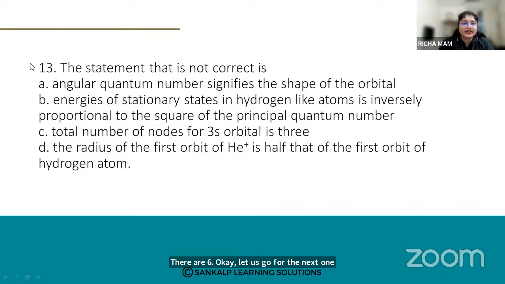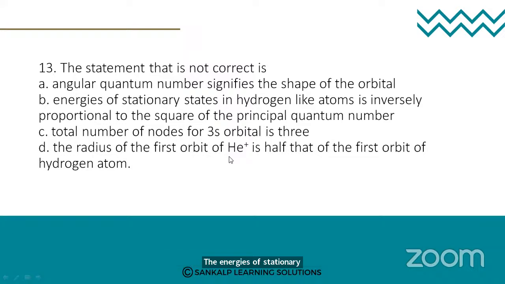The statement that is not correct. A, angular quantum number signifies the shape of the orbital. B, energies of stationary states in a hydrogen-like atom is inversely proportional to the square of the principal quantum number.